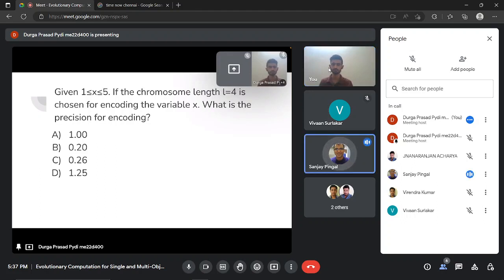So we had encoded 11, but we got some other value, right? We got some value that ranges between 1 and 5. I have not gone through week 2 contents yet, but you can just say the general meaning of what a precision is.